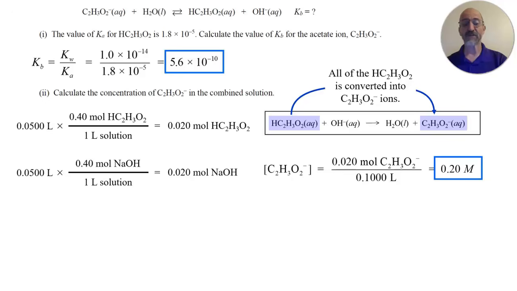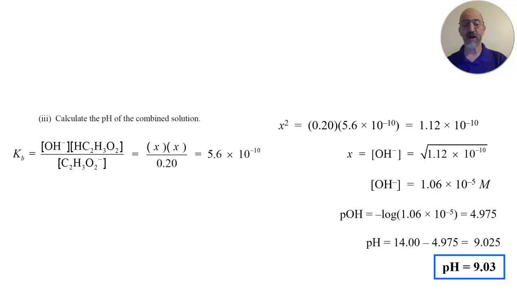We determined the total concentration of the acetate ion. We plugged in the concentration of the acetate ion into the Kb expression, solved for X, which was the concentration of the hydroxide ion, negative log that number, 14 minus that number, and we got pH of 9.03. All right, well, those are all the answers to question 2.